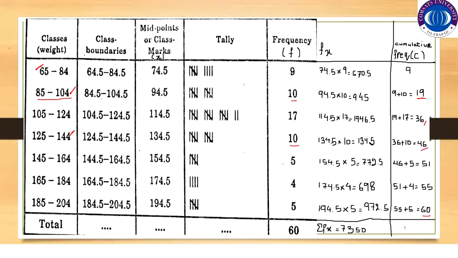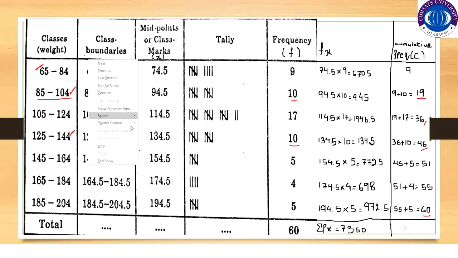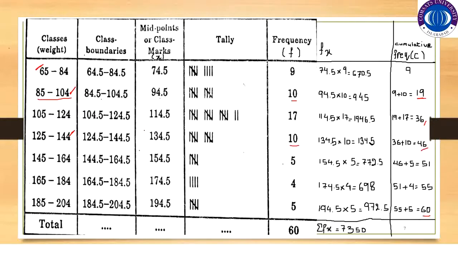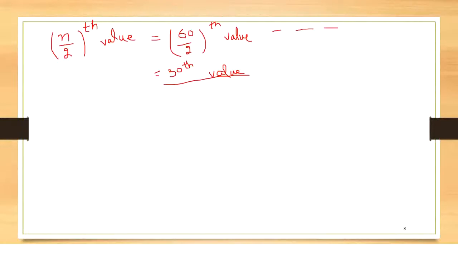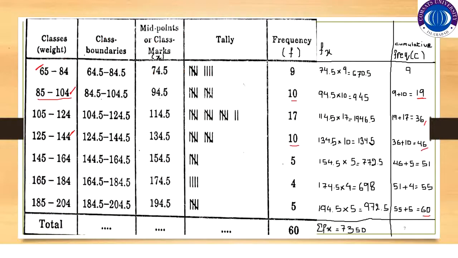Sorry class, because of some problem, our lecture was interrupted. We will start from the point where we left. We have calculated the n by 2 value, that is the 30th value. By using cumulative frequency, we get to know that the 30th observation lies in the third class. How do we get to know that?